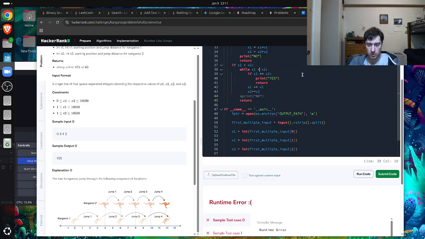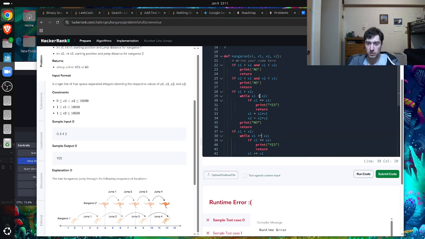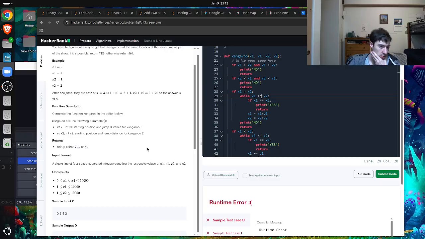Oh, I do need to change this to make sure that it says equal to. So we want to keep running even when it's equal to, right? Okay, but it's a string, so it returns a string. Okay, fine. Return no. Copy this.